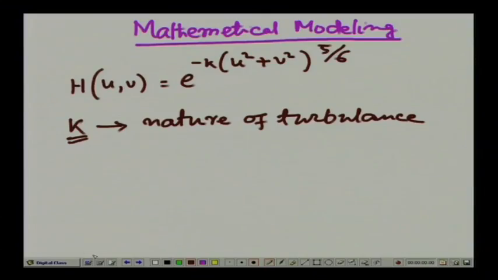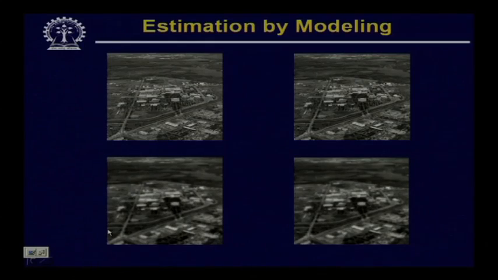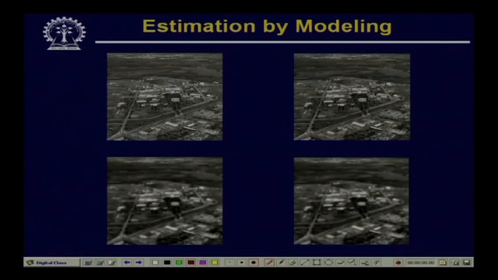Now, using this, we can have a number of degraded images, as shown in this slide. On the top left we have the original image. This is a degraded image where the value of k was 0.00025.